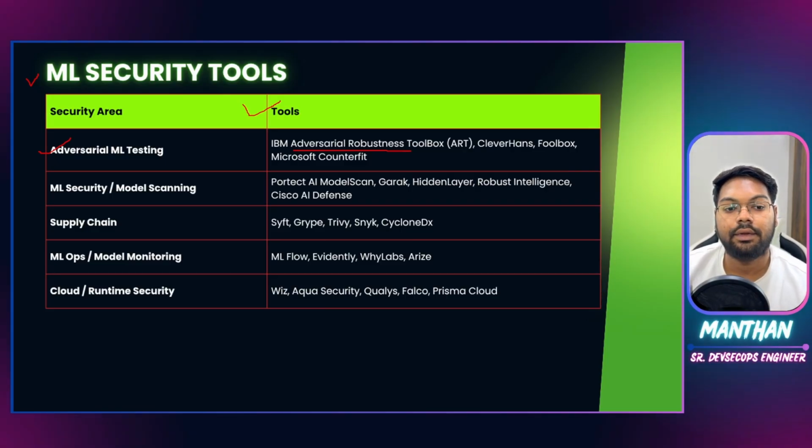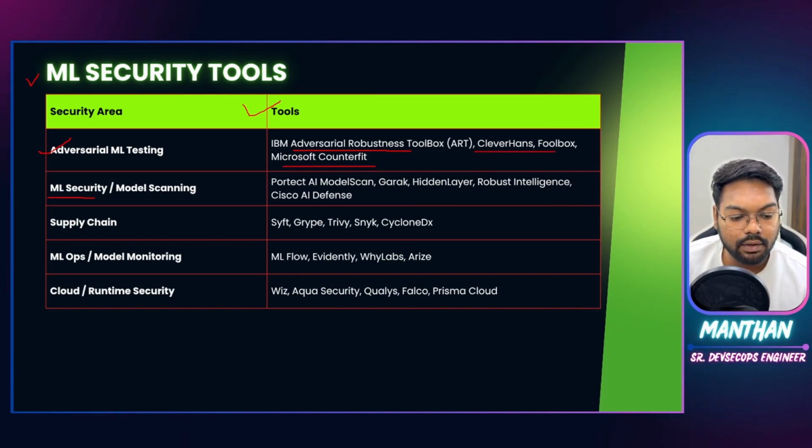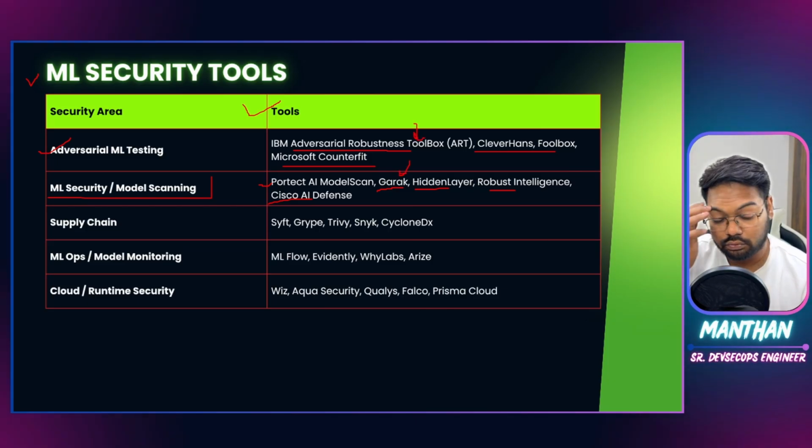We would see how to use it in our later videos. Then CleverHans, Foolbox, and Microsoft Counterfit. And for ML security and model scanning tools, there are Protect AI, Garak, HiddenLayer, Robust Intelligence, and Cisco AI Defense. We would see Garak and ART in our upcoming videos.